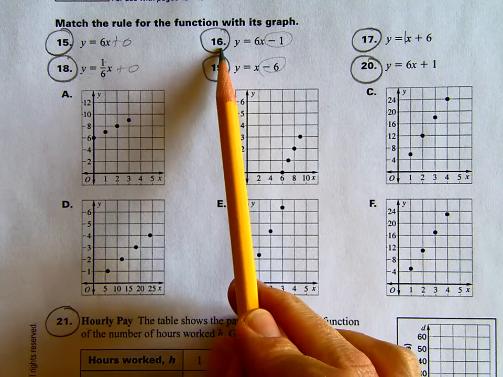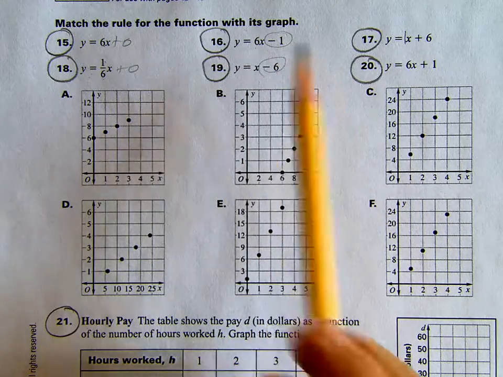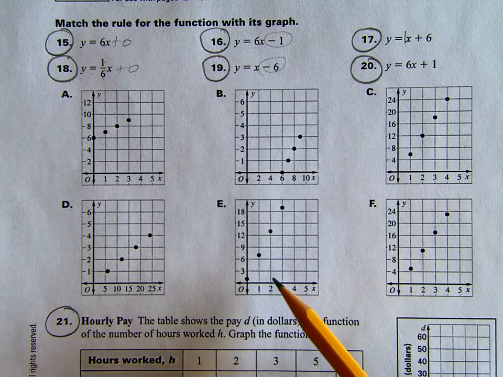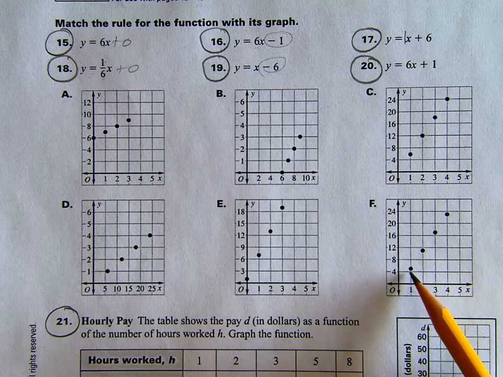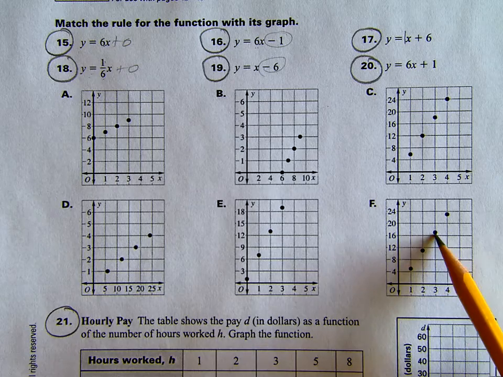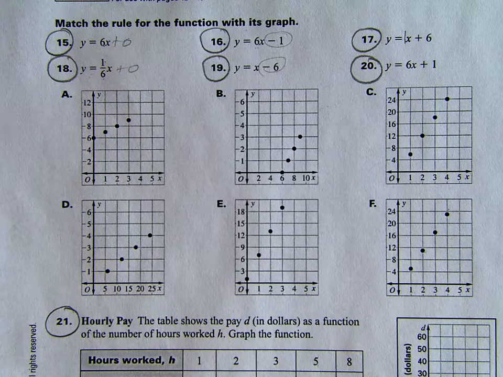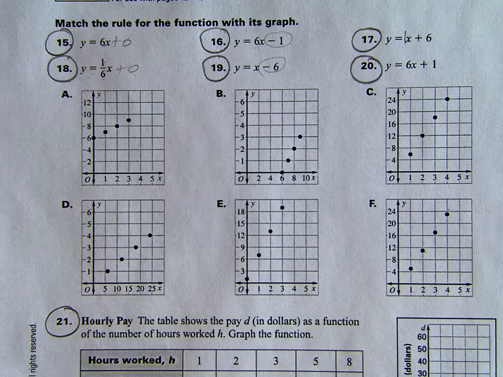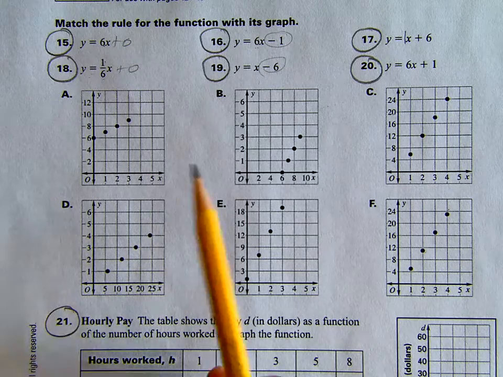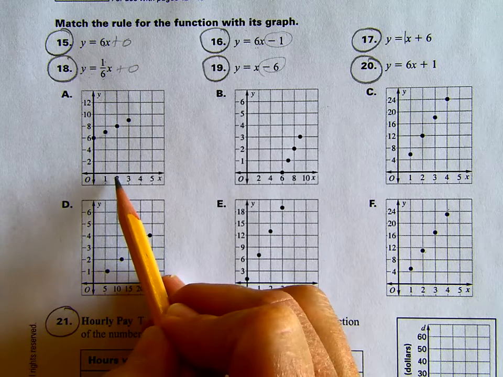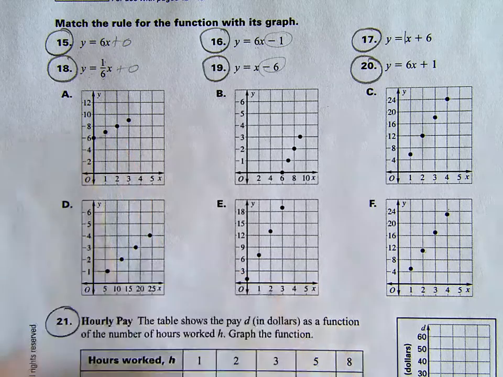So let's see. Who would 16 match up with? I'm going up 6 each time. So that might look like this one. And I guess I would look for a solution. What is this? 1, 5? These are kind of hard to look at. This one has a pretty shallow slope. I'm guessing that's this one. 1/6. 2, 8.